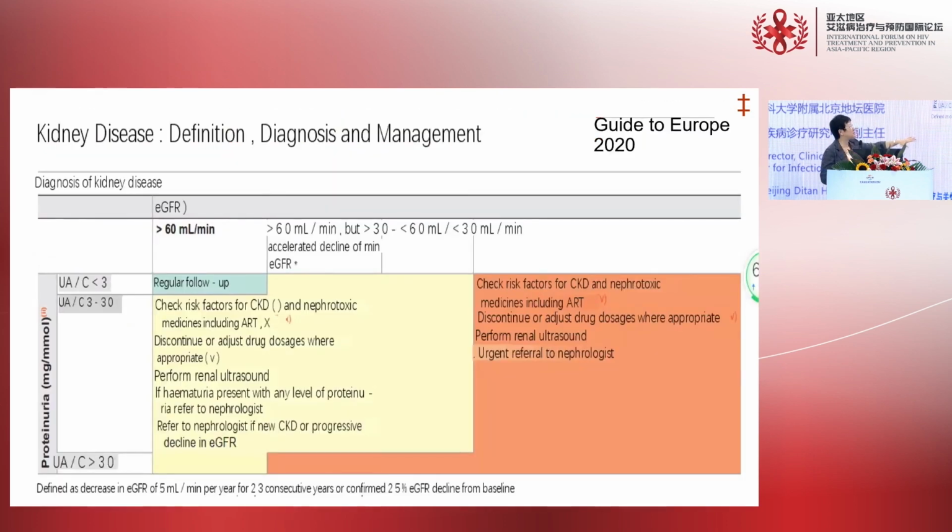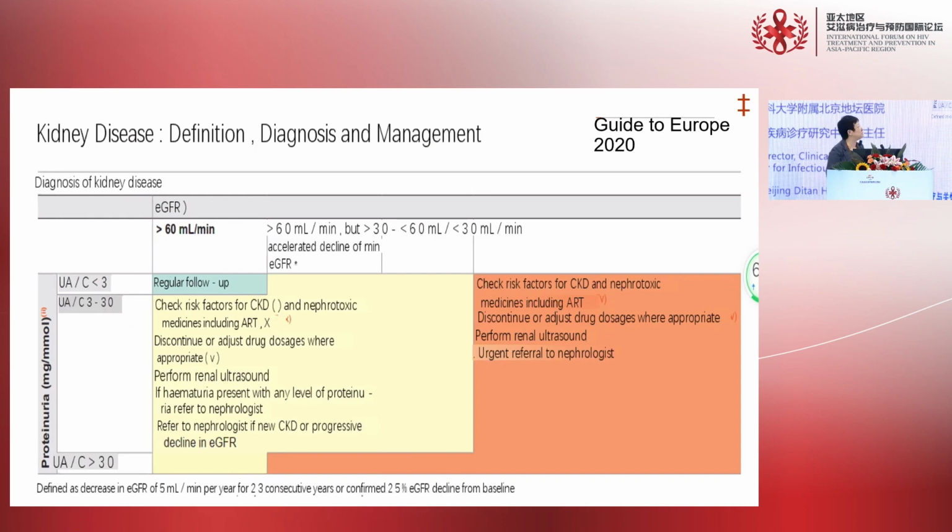This is the 2020 European guideline. This is a very good guideline. This is the judgment of renal disorder based on eGFR and also the ratio between creatinine and the proteinuria. This is very important. Now we will use the ratio between albumin and creatinine together with eGFR.